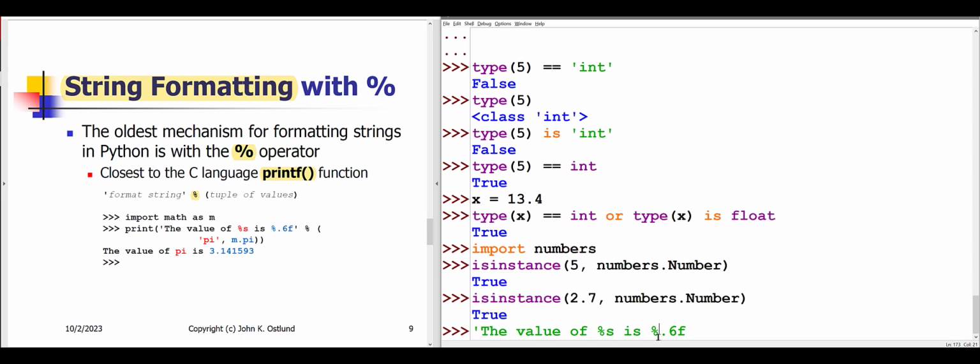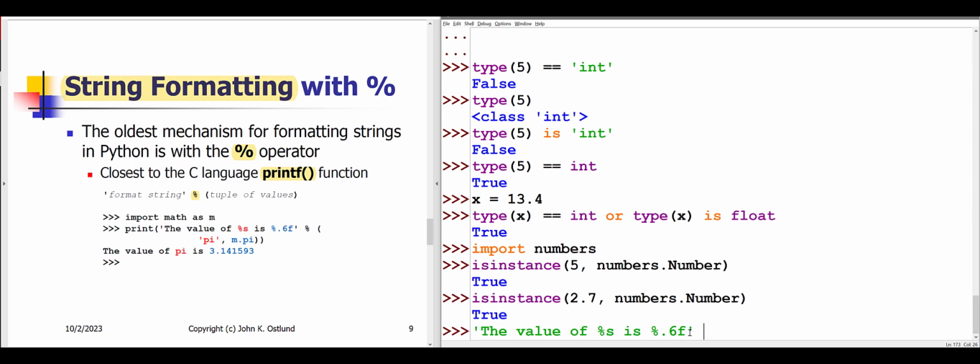Now here, I'm saying that I want to print a floating point number. I'm not specifying the field width, so the number will be printed in as narrow a field as required. But I am saying that I do want there to be exactly 6 digits after the decimal point. All right, %.6f means show me a floating point number with 6 digits after the decimal point.